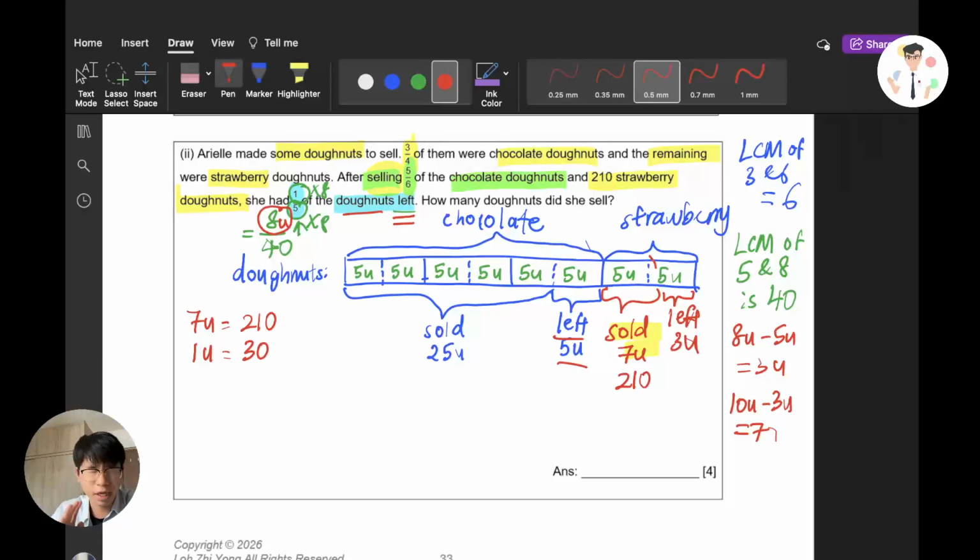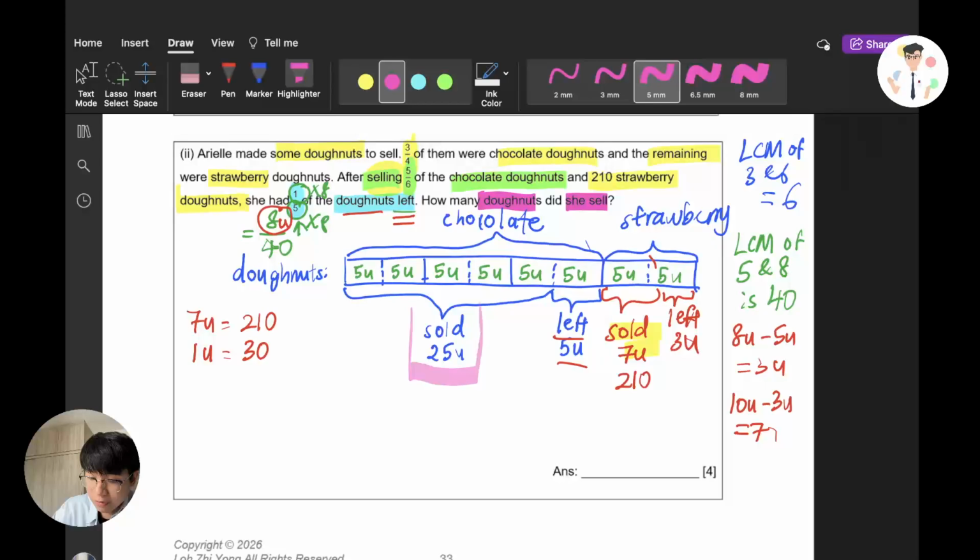Okay? Now again, when you find 1 unit, then things will be simple. Last part of the question. How many donuts did she actually sell? Now, if you notice, chocolate, I sold 25 units. Strawberry, I actually sold what? 7 units.